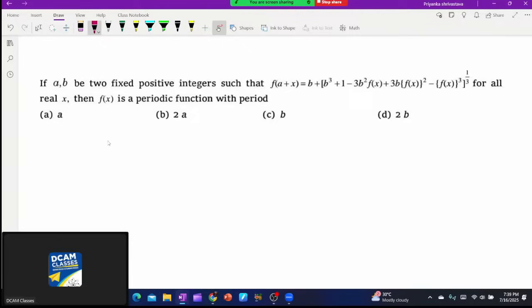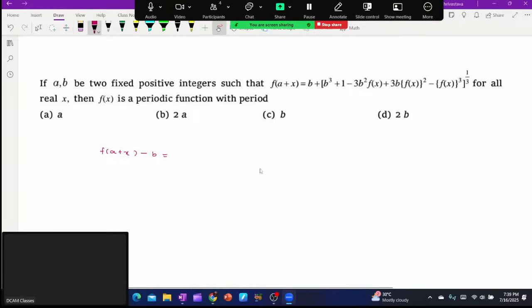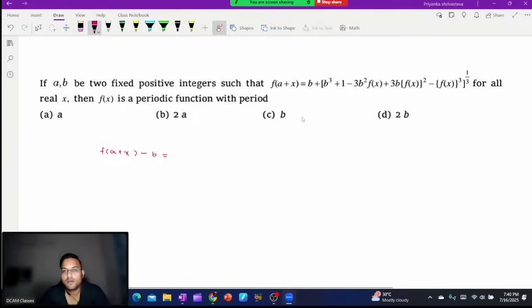See, let me show you how to do it. This function you can write as f of a plus x minus b is equal to this part we have to see.